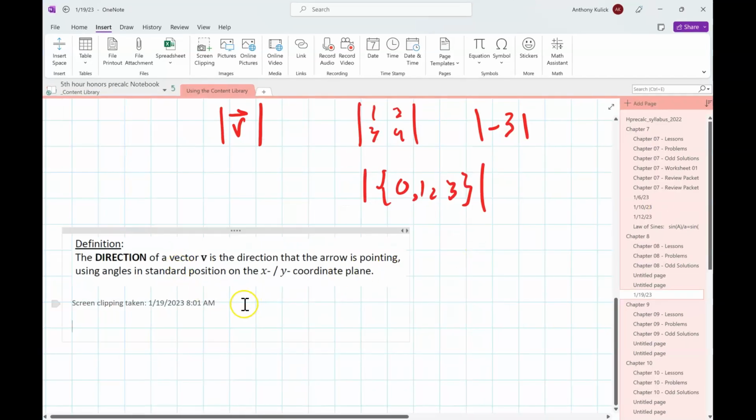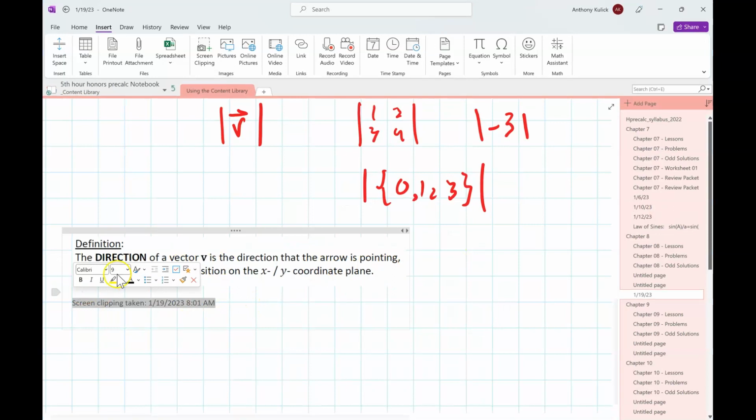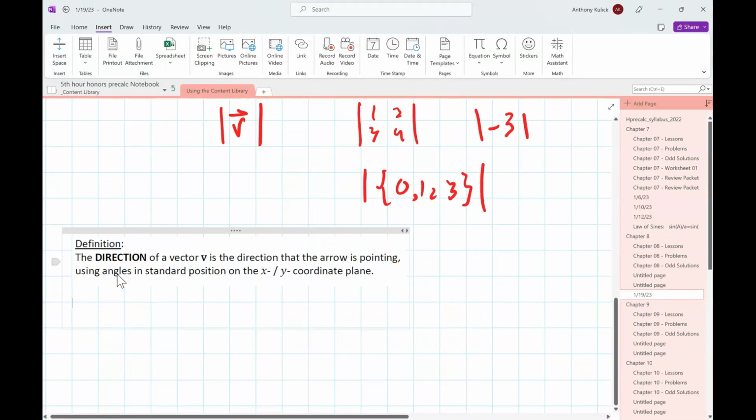Okay. The other part of a vector is its direction. So the direction of some vector is the direction the arrow is pointing using standard position angles in the XY axis.